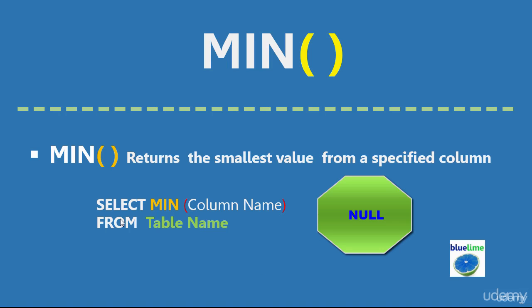This is the way you will include the mean aggregate function within a T-SQL query. After the select keyword, you type in the word mean, followed by the parentheses. In between the parentheses is where you specify the column or column names you want to perform the mean aggregate function on.